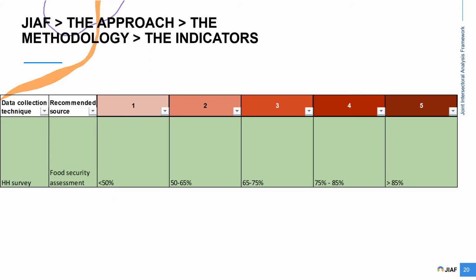Then you have the information about the data collection technique associated with the indicator, in this case, a household level survey, as well as the recommended source. Then the global cluster indicated the threshold and ceiling for each class of severity pertaining to this indicator.